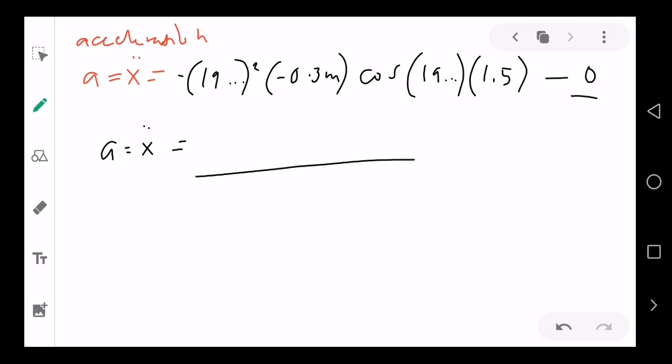Kung anong makuha niyong sagot, yun na yan. Yung lumabas sa calculator ko ay 159. Please check if this is correct. Okay.